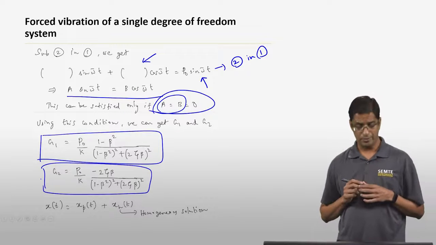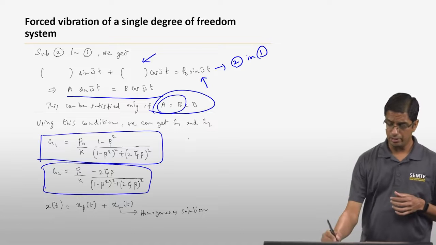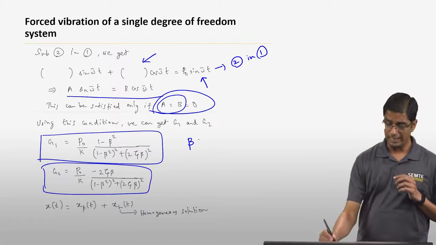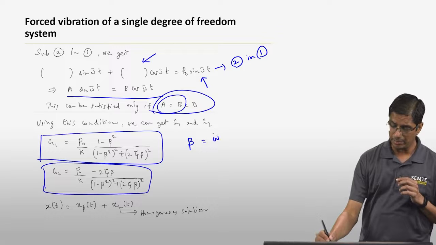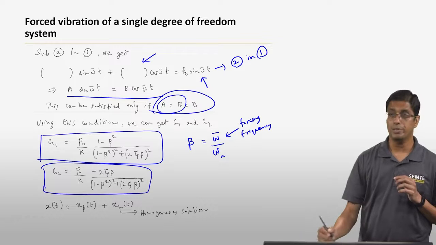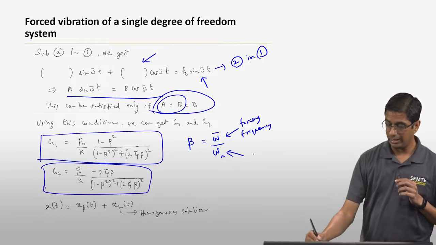Here, if you look at it, there is a new term beta. What is this beta? This beta is omega bar divided by omega n. So it is the ratio of the forcing frequency, the frequency at which you apply the force, to omega n, which is the natural frequency.